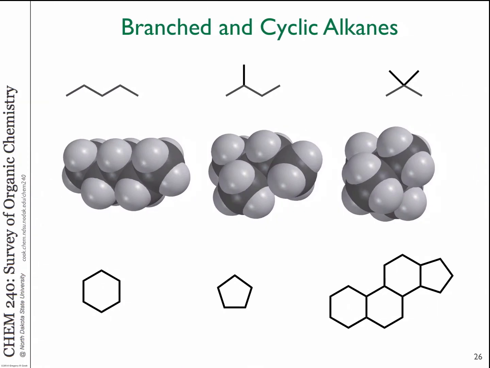Okay, alkanes can be branched as well. So notice you can have 5 carbons. What's the molecular formula of pentane on the left? C5H12, right? Now notice I have a different molecule in the middle.